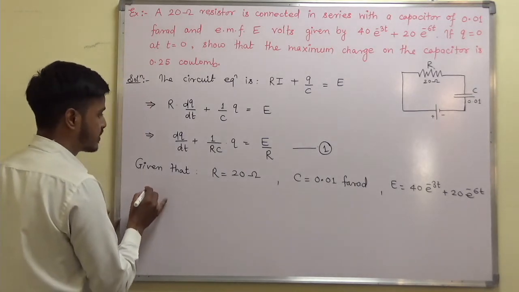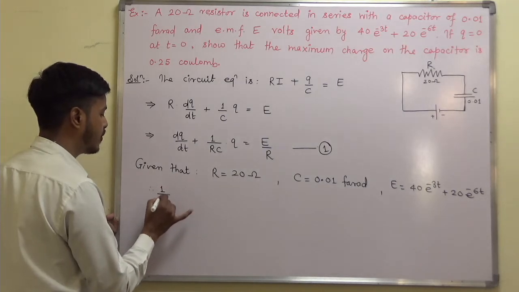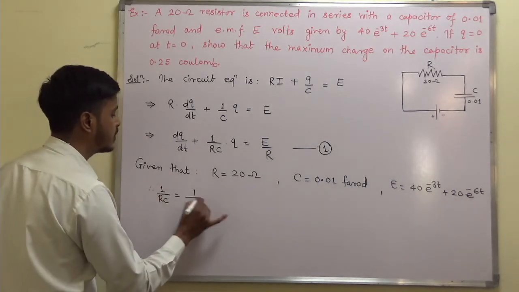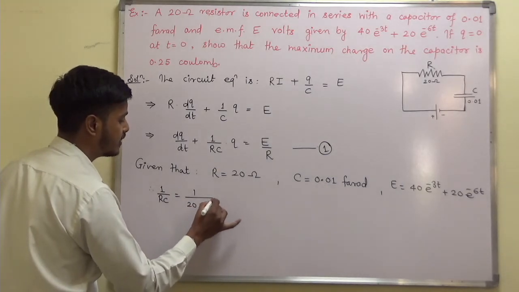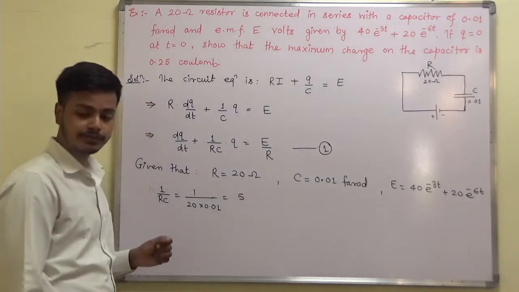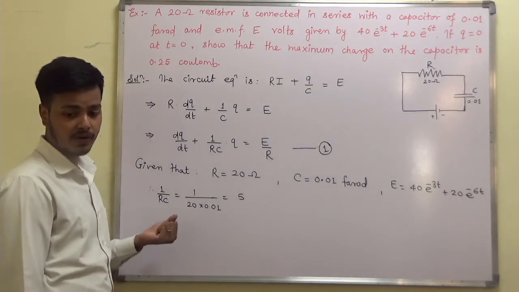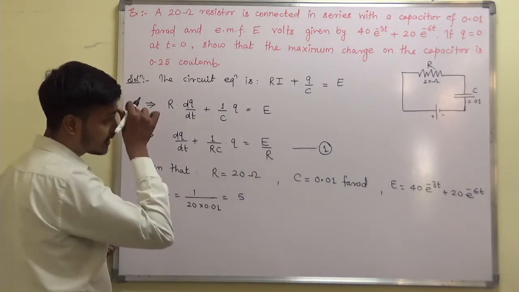Therefore 1 upon RC is equal to 1 upon 20 into 0.01, that's 0.2. 1 upon 0.2 is 5, and E is already given to us as this. So put it in this equation.